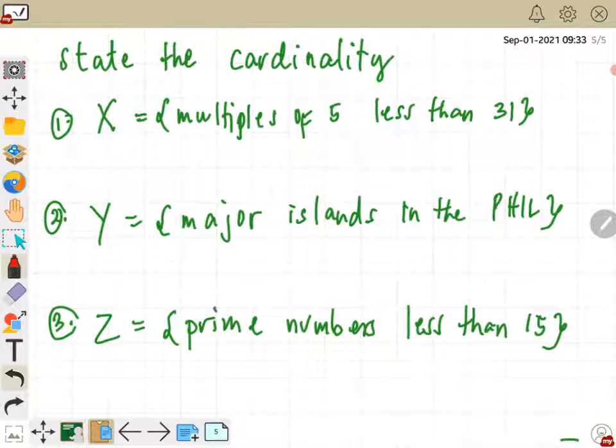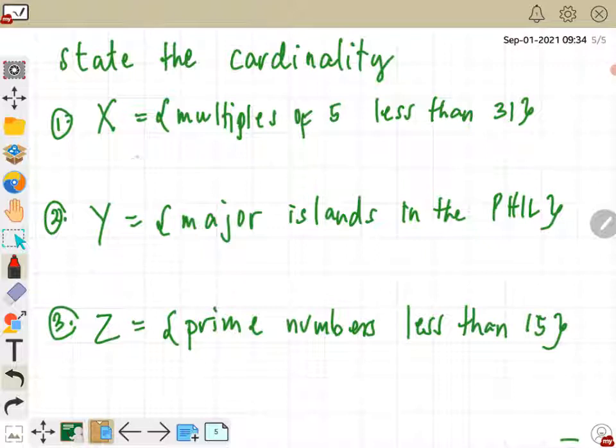So here let's state the cardinality of these finite sets. So obviously 1, 2, 3 are finite sets because we can count their elements. So we have here set X, the set of all multiples of 5 less than 31. So if we're going to list down, we have 5, 10, 15, 20, 25, and 30.